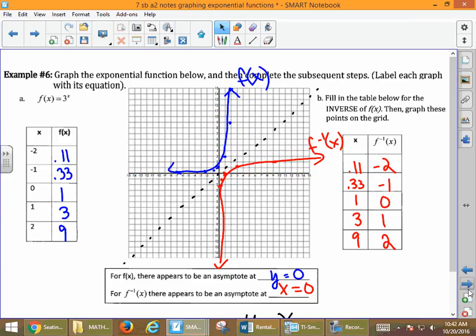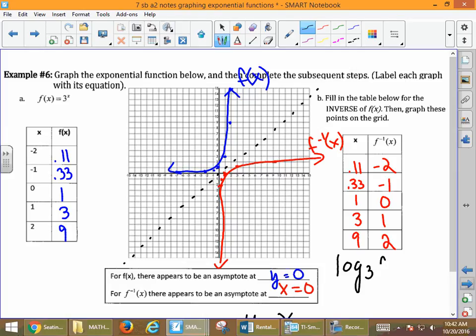And on 6, again, I don't have enough space, I'm going to write it underneath the table. You can probably fit it beside. This is log base 3 of x equals y.